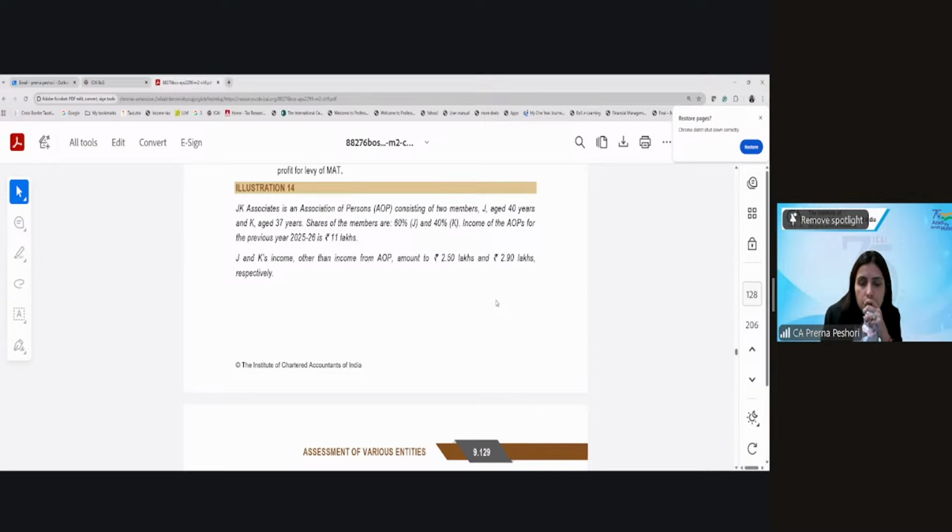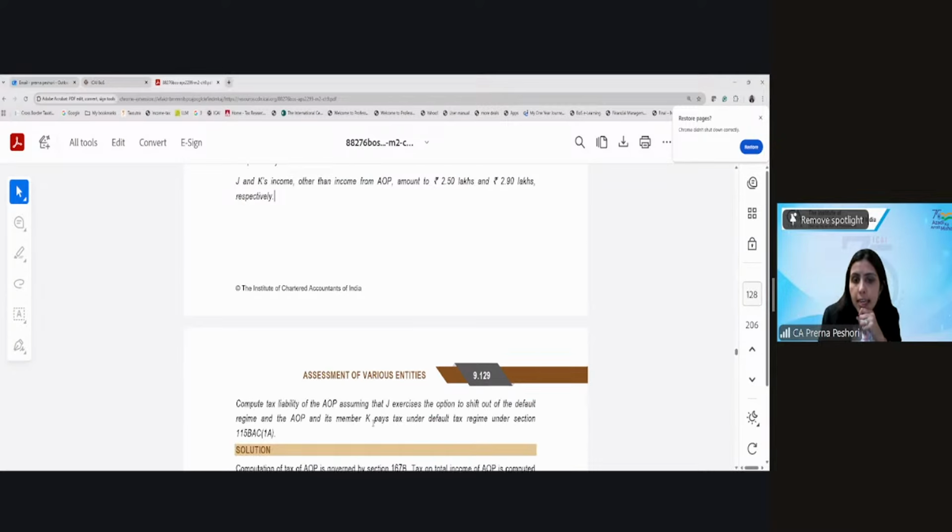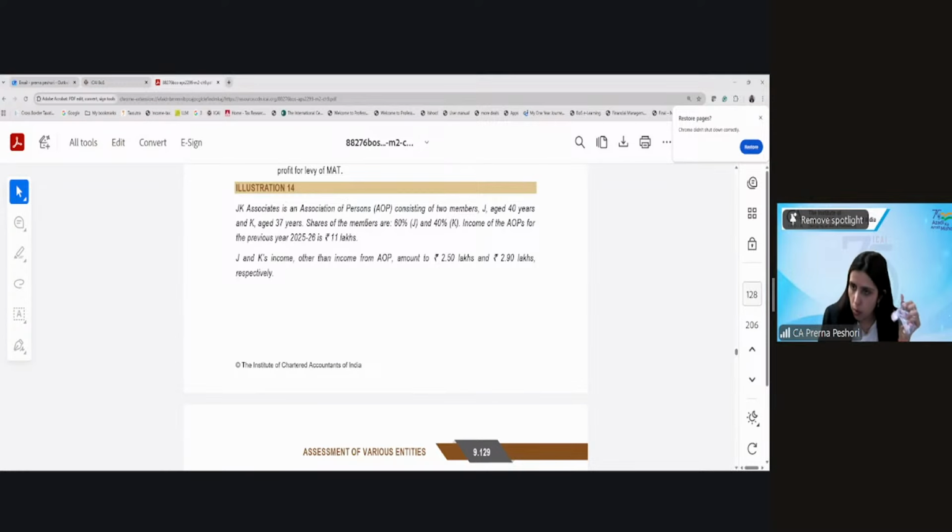Yes. How would the AOP be taxed? One of the member is having an income greater than basic exemption limit. K is paying the tax under the default tax regime 115 BAC 1A. No member has income greater than basic exemption limit. The share of the members are known, right? And no member has the income greater than basic exemption limit apart from the share of the AOP or BOI. Correct? So in that case, how the AOP is taxed?